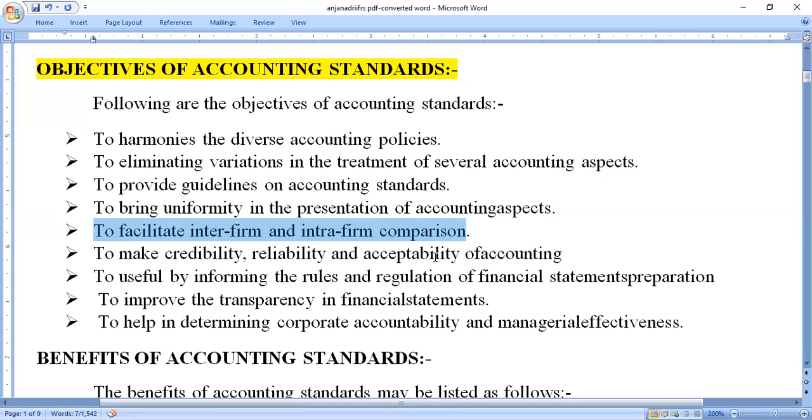So this facility is given by the accounting standards. And next we are moving on, another objective is that accounting standards give credibility, reliability and acceptability to the accounting.